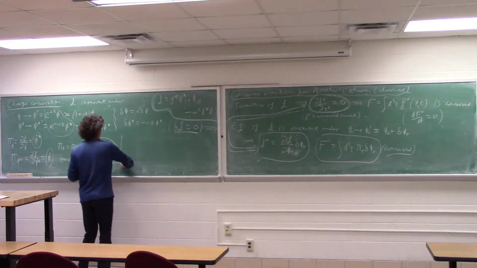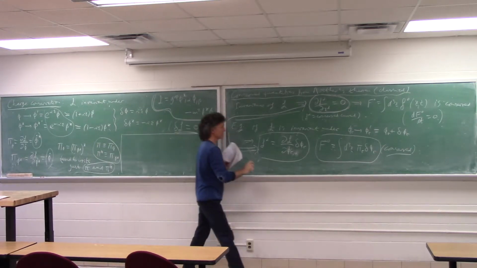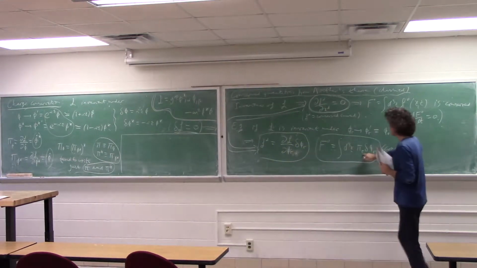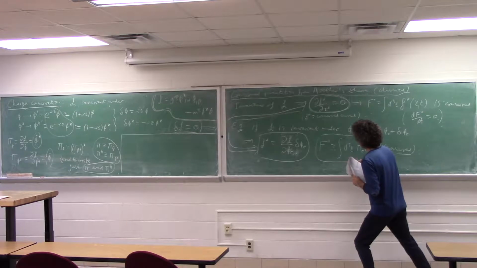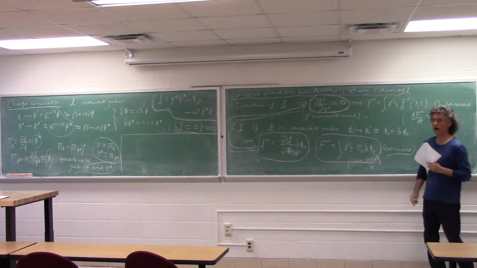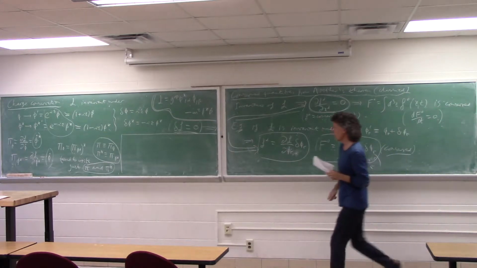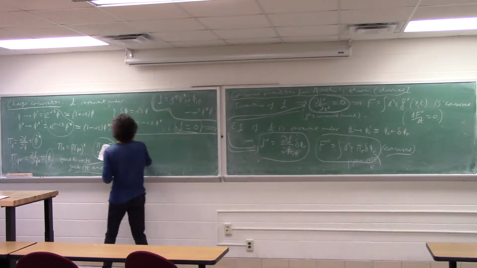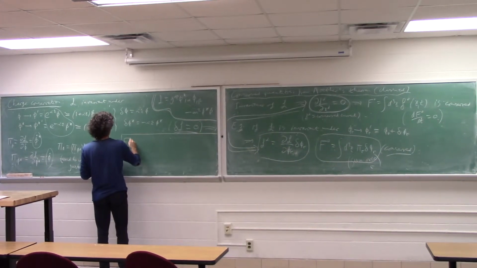So now we can write down our expression here. Remember here we have the sum over R. And so what is our expression for this conserved quantity?